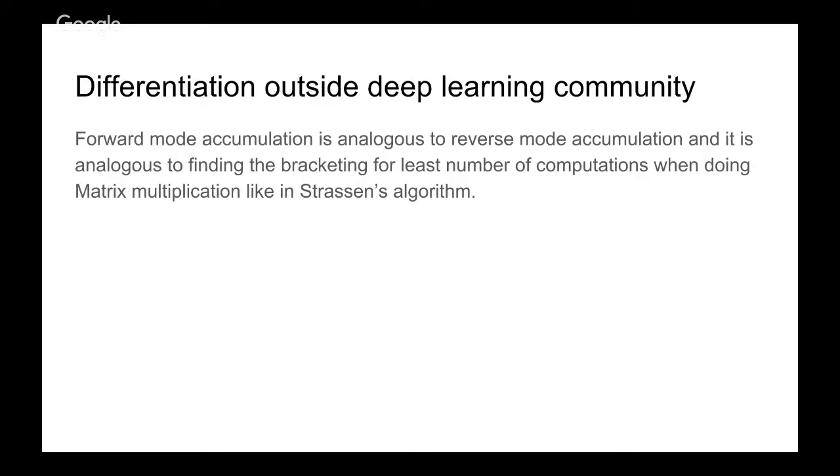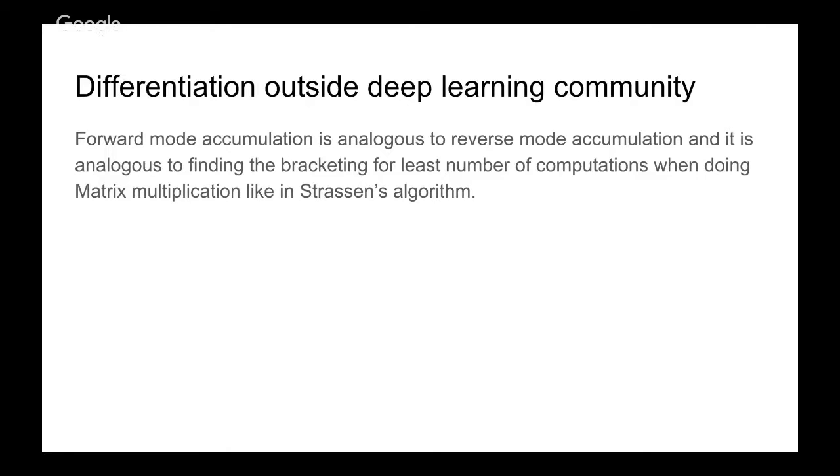So this applies a similar kind of method to figure out the least number of computations. That is forward mode accumulation. The book doesn't go into a lot of detail on it. It just says that it's analogous to matrix multiplication and you can optimize how many actual multiplications you do.